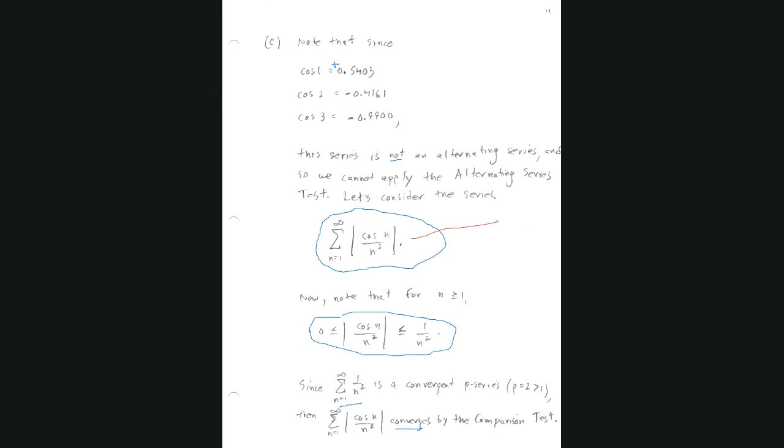This series here is smaller than the p series by virtue of this inequality. So if the p series converges, if its sum is finite, then our smaller series here would also have to converge by the comparison test.